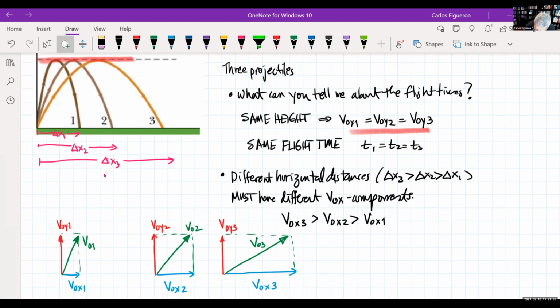So we could immediately say that the initial speeds of these projectiles must be in this way. Just picture-wise, it has to be this way. So that's the behavior of the initial velocity right there.